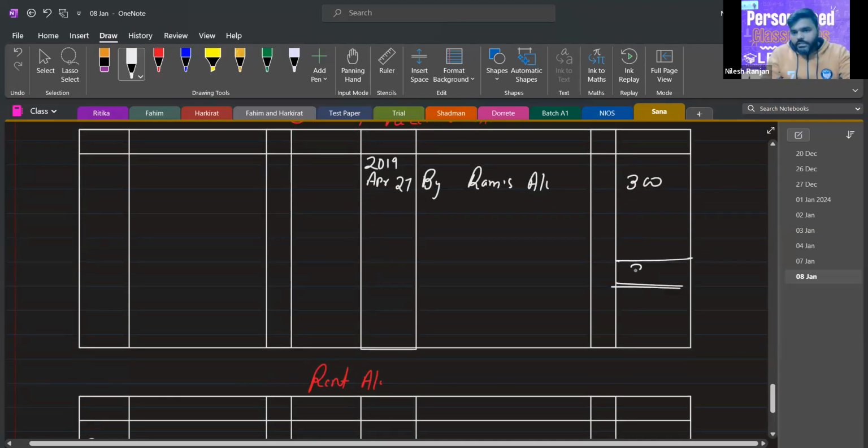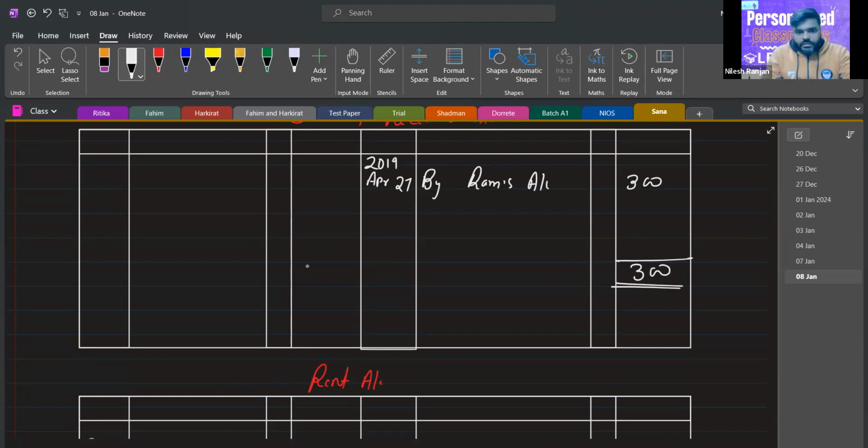After that, it is 300, and then to balance CD 300.